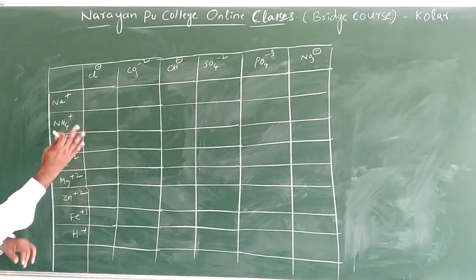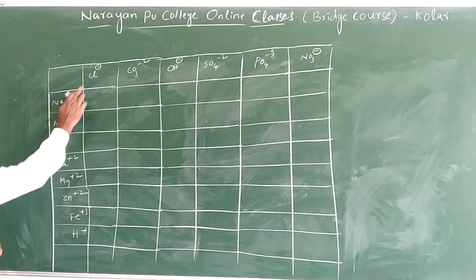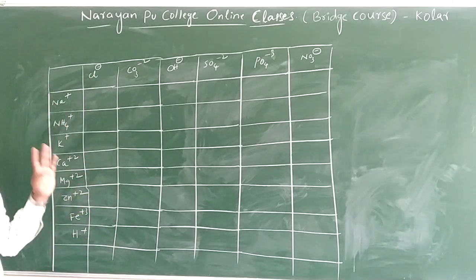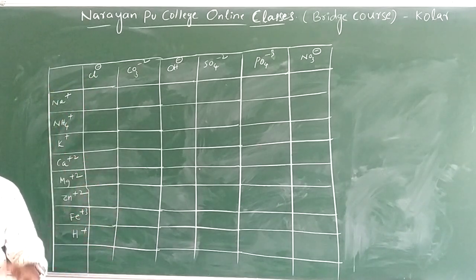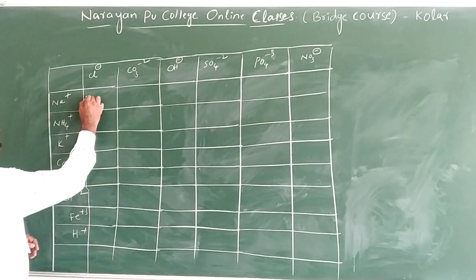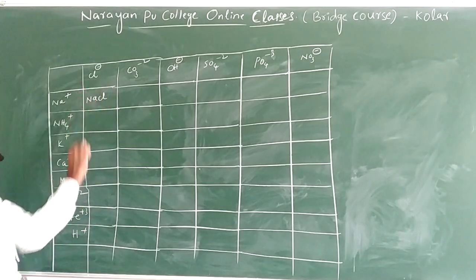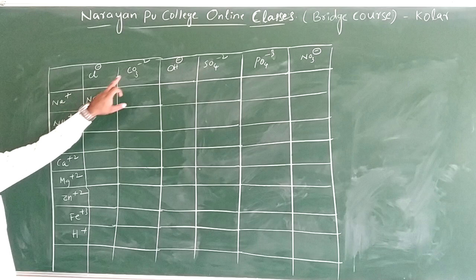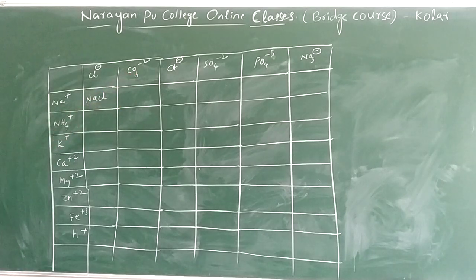Like in the Criss-Cross Method I told, sodium and chlorine, each charge is plus 1 and minus 1. You neglect the charges, then you will get NaCl. Clear? Na and CO3 minus 2. Suppose I am writing for understanding: Na is there, CO3 minus 2 is there. Here 1, here 2.